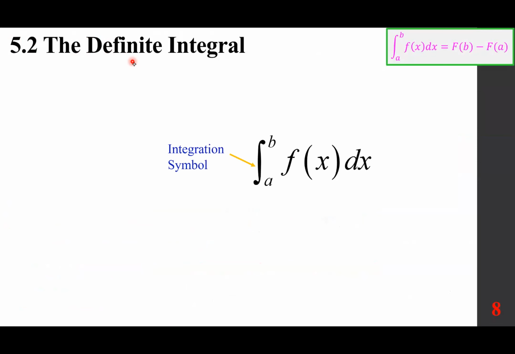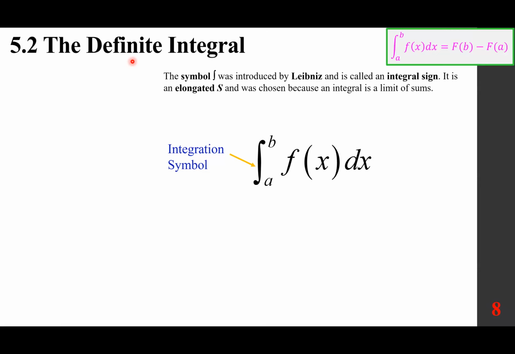This is the integration symbol. This symbol was introduced by Leibniz and is called an integral sign. It is an elongated S and was chosen because an integral is a limit of sums.